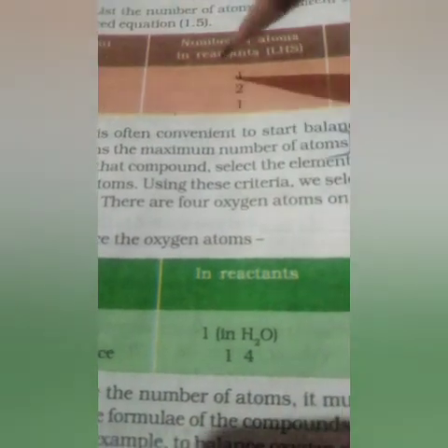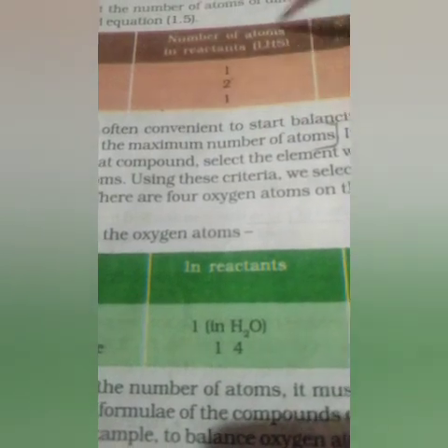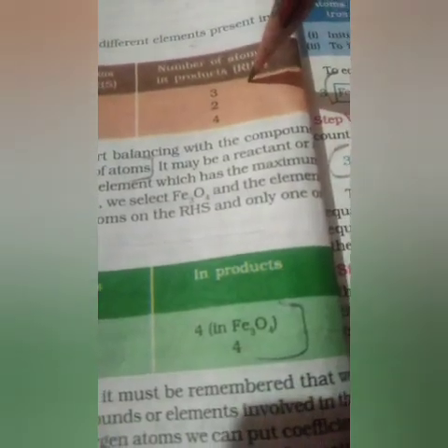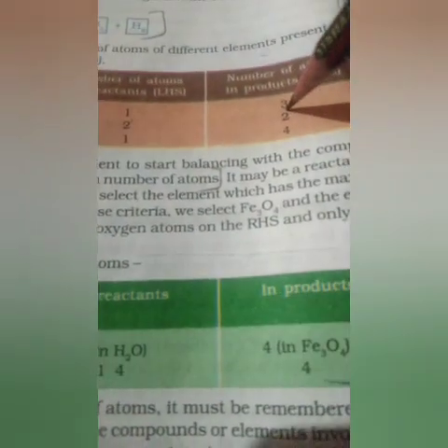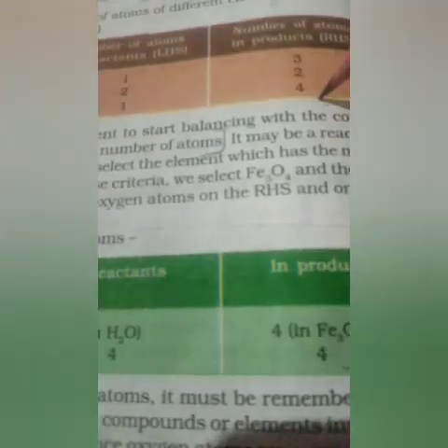This is the reactant side. But in the product side, iron having 3, hydrogen having 2 and oxygen having 4.